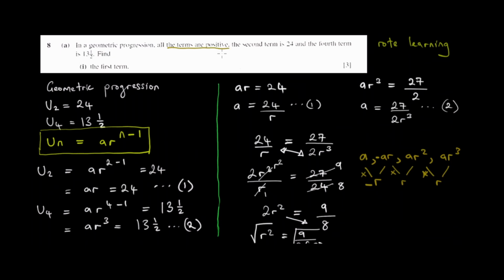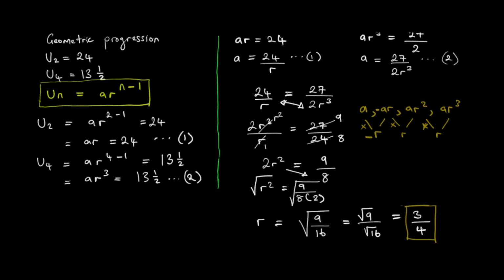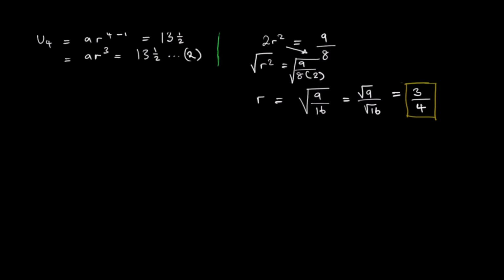That statement ndo rinoita kuti tiringotora the value in a plus chete because this geometric progression is positive. Manzwisisa? This is our R, 3/4. Saka taona kuti R is equal to 3/4.